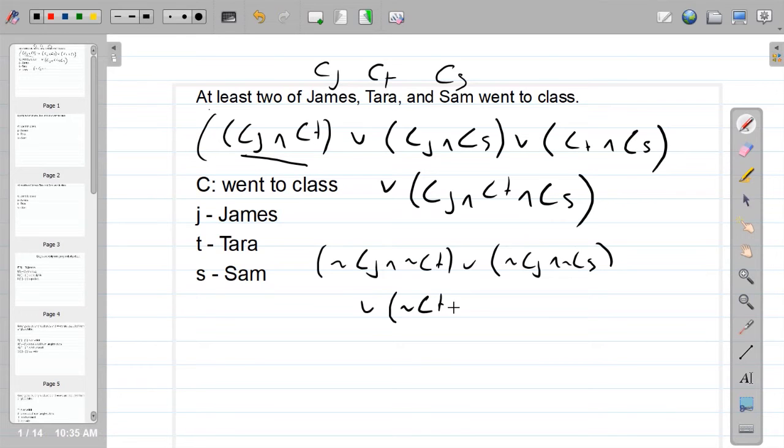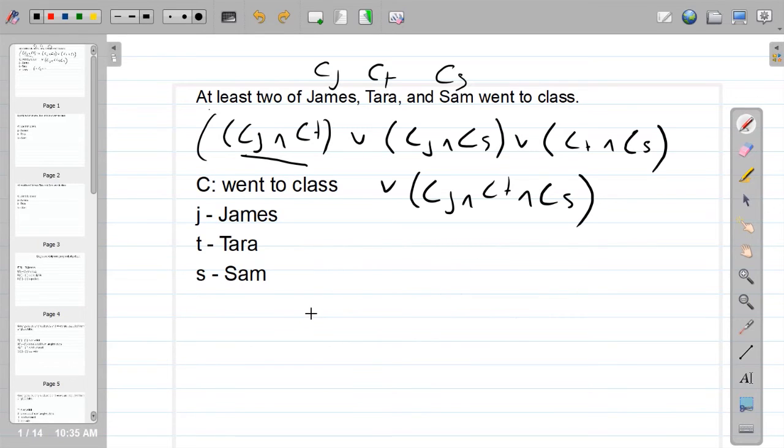Okay. But that excludes two of them. So this sentence excludes two of them going to class. So it can't be the case that two of them have gone to class. You might be tempted also to say at least one of them doesn't. So not CJ or not CT or not CS.